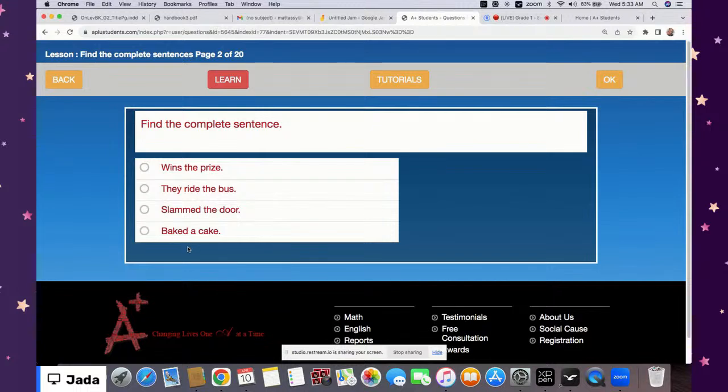The next one, everyone. We are done with mom is ready. So what's the next answer? Let's see. They ride the bus. Okay, good job, everyone.